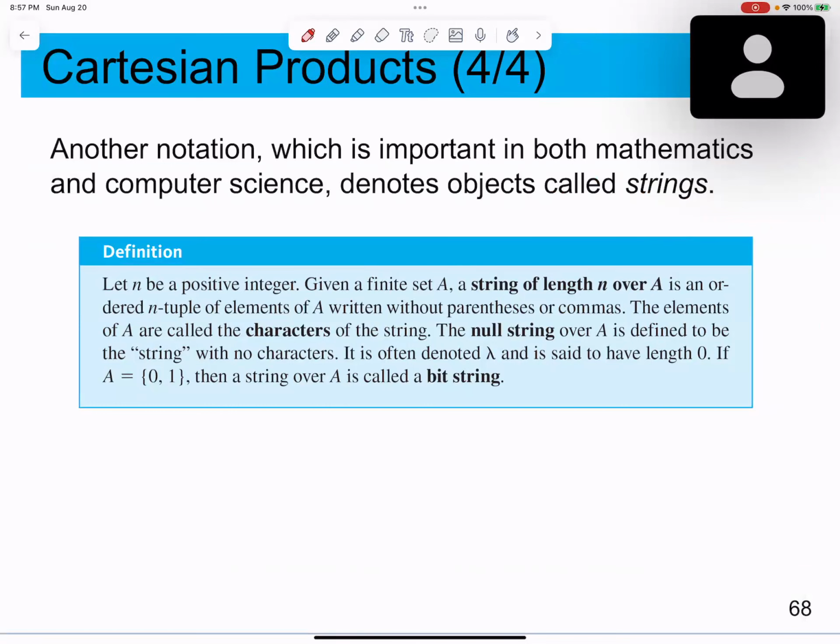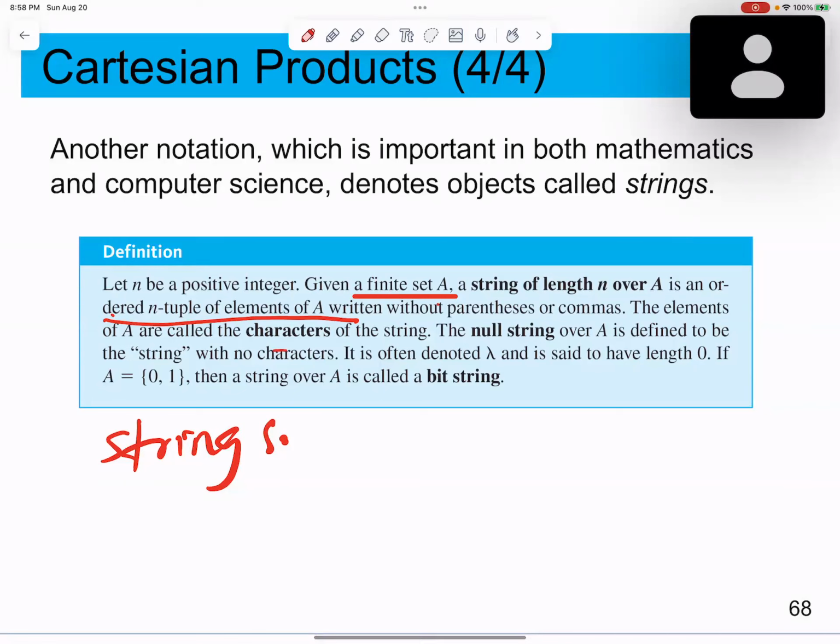Right. And another important concept in our mathematics is what is called strings. Now, look at the word string. Given a finite set, when you say finite set, that means you can count all the elements in that set. Given a finite set A, a string of length n over A is an ordered n-tuple of elements of A, written without parentheses or commas.